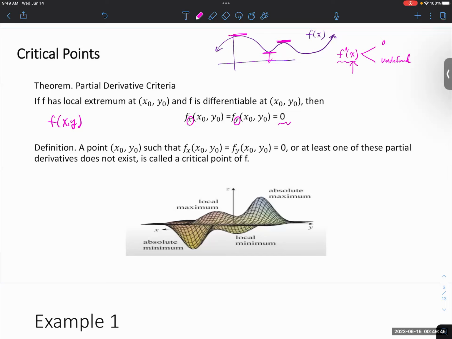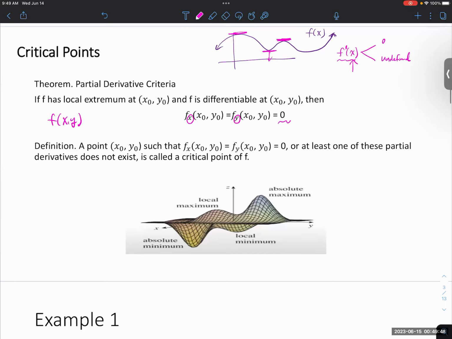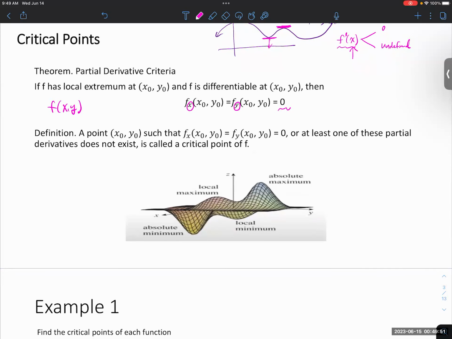Critical points could be either a local maximum or a local minimum. Make sure that this is the definition to find the critical points. You take the partial derivative for each of x and y and make it equal to 0. Then you find the x and y that give you 0 for the partial derivatives. We call that a critical point. That means you can find the local max or local min.